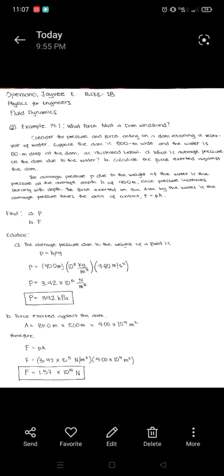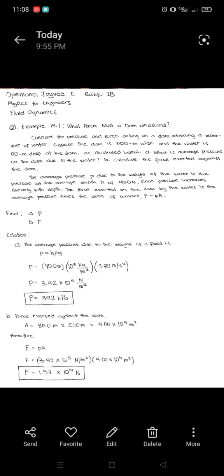So based on the given, our h or the depth is equal to 40 meters and the density, we're going to get the density of water from table 14.1, which is 10 raised to 3 kg per meter cube, times the acceleration due to gravity, which is 9.80 meters per second squared.